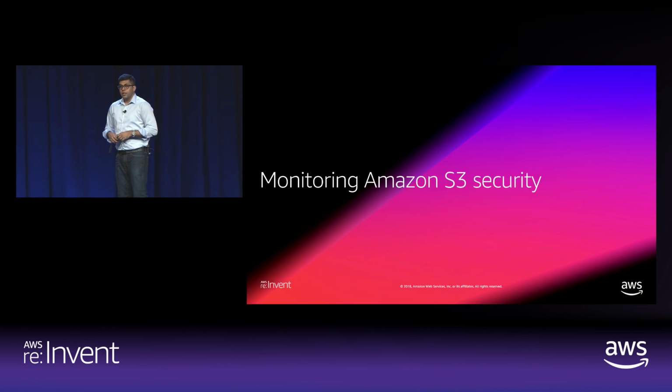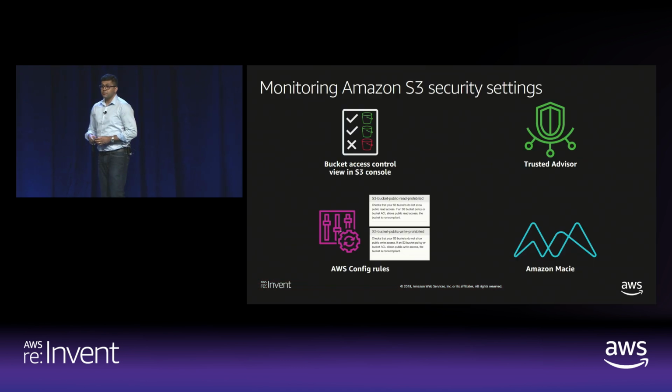Okay. The last topic before I hand over the stage to Chris is about monitoring security. The easiest way to do that is by going to the console, where we will show you if your bucket has public access or not. We actually introduced 3 more statuses that give you more insight into whether objects can be public, whether your bucket policy, the 4th setting that we talked about in S3 Block Public Access.